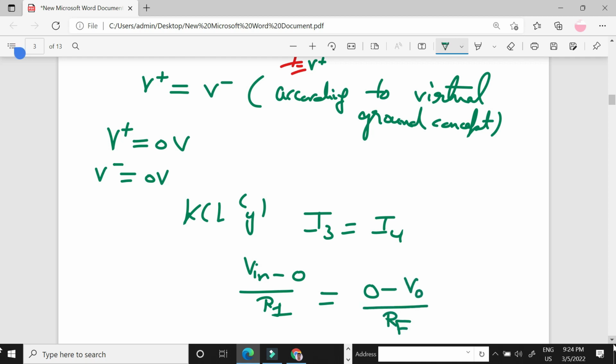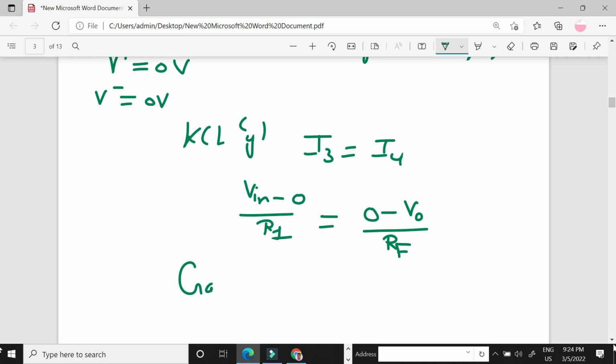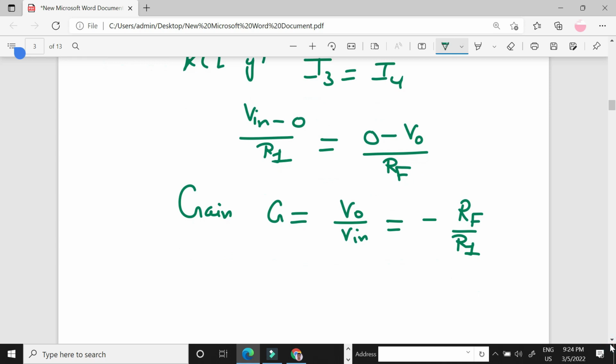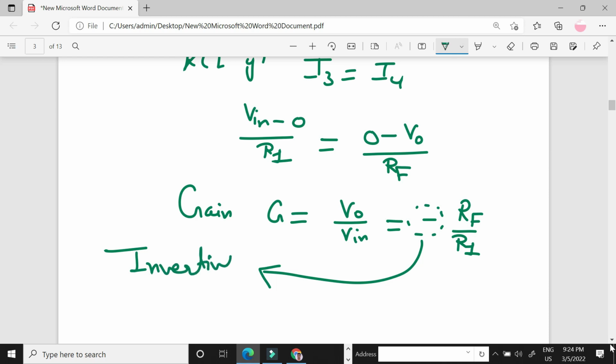So now gain becomes V naught upon V in, and this is minus RF upon R1. The negative sign indicates this is an inverting configuration.